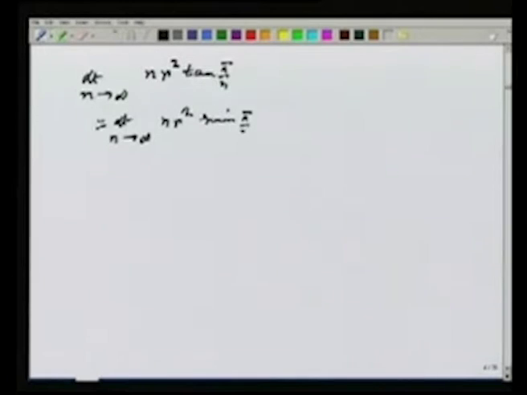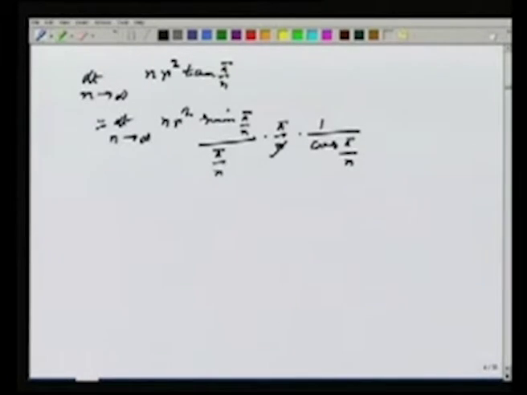Now let us look at the right hand side, what is this limit? Limit n going to infinity, n r square tan pi by n. Well, I write it in the following form, limit n going to infinity, n r square sin pi by n divided by pi by n into pi by n into 1 by cosine pi by n.